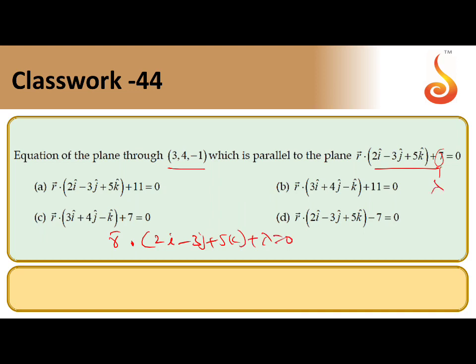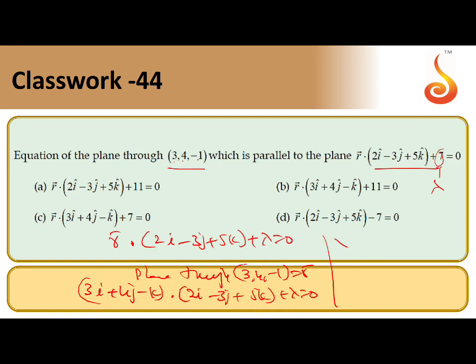The plane is passing through what point? 3, 4, minus 1. You can take it as r bar. So r bar is 3i plus 4j minus k dot 2i minus 3j plus 5k, plus lambda equal to 0. You can calculate the lambda value.